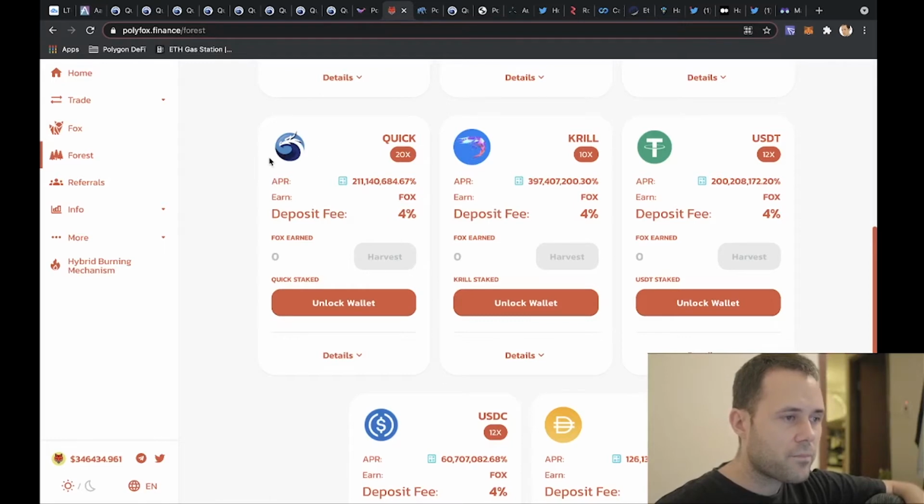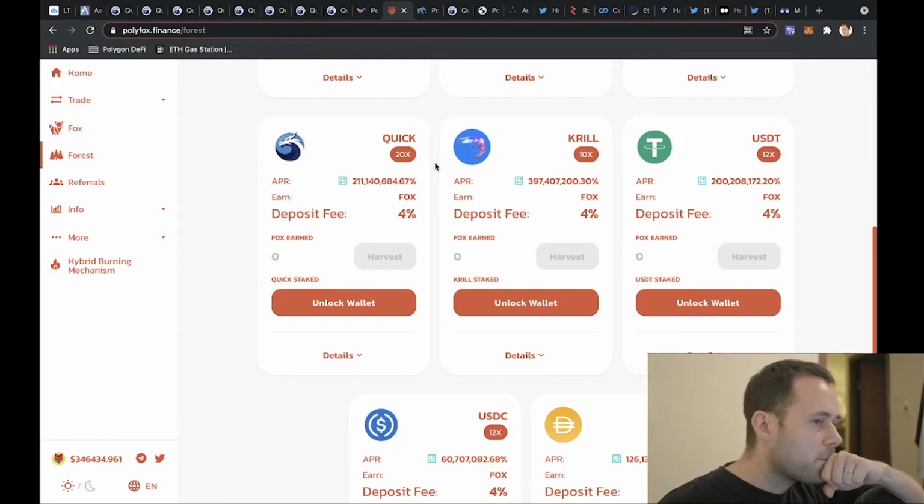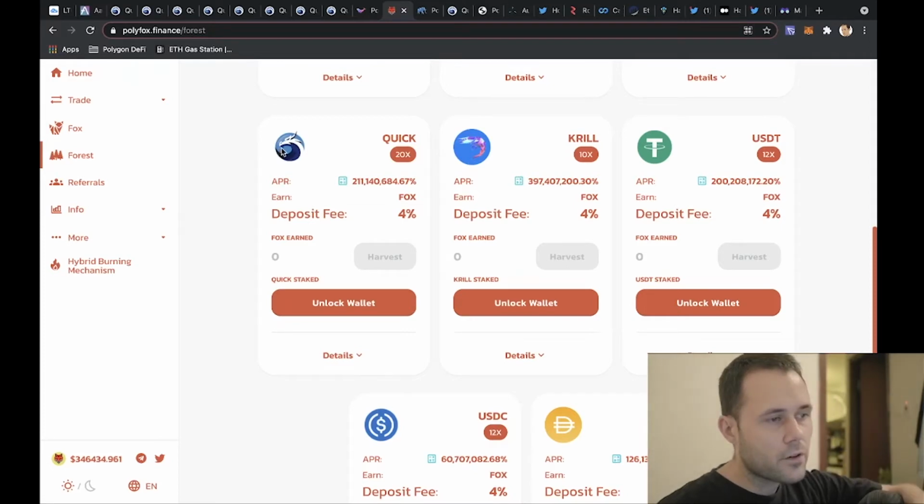So I'm thinking definitely Quick is going to be one to have. If there are some dips on Quick, then probably it's going to be quite wise to keep DCAing into that. And then if we can get like a yield aggregator using Quick, that's going to be really big as well. But it could be that Krill is the one.